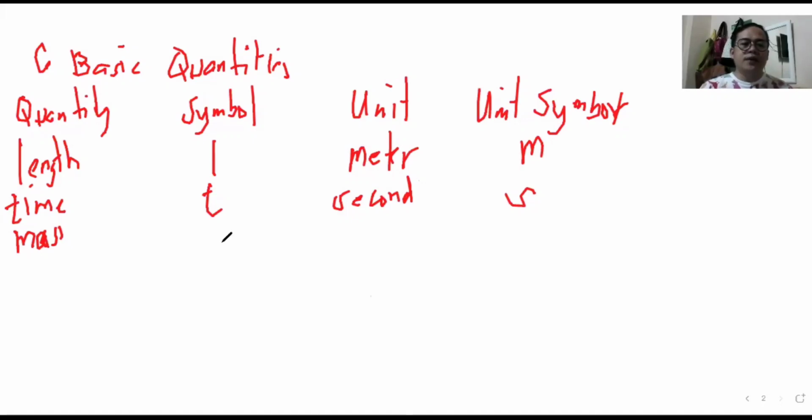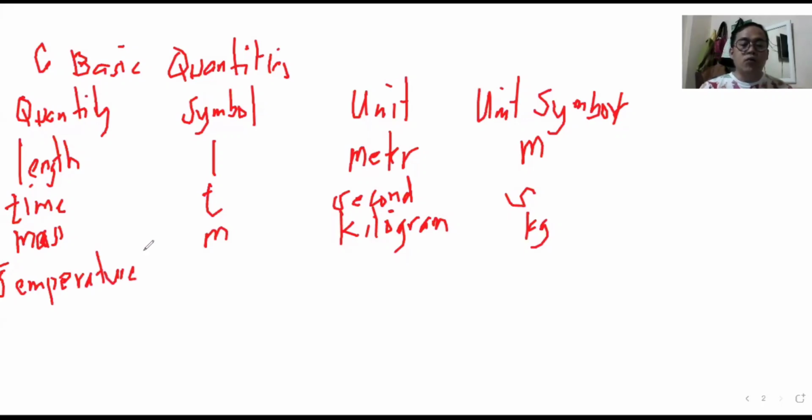So we have the symbol small letter m, and the standard unit is the kilogram, with a unit symbol of kg.